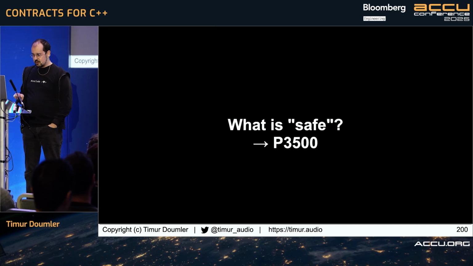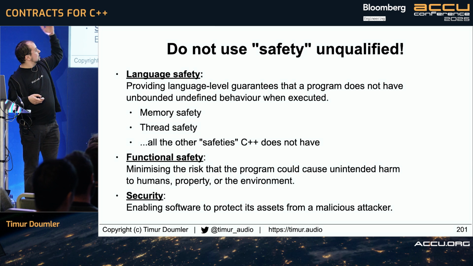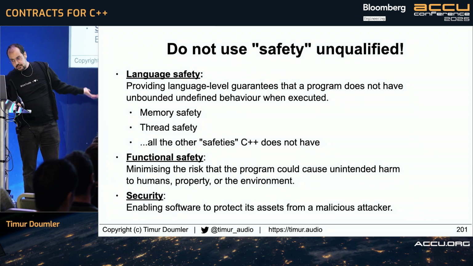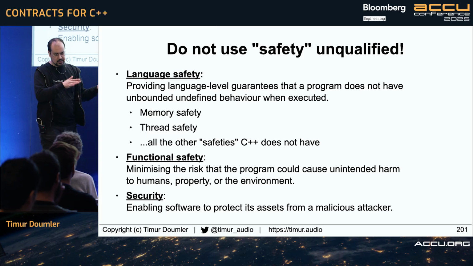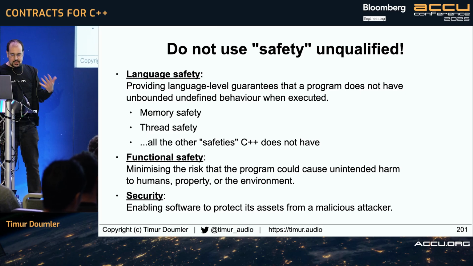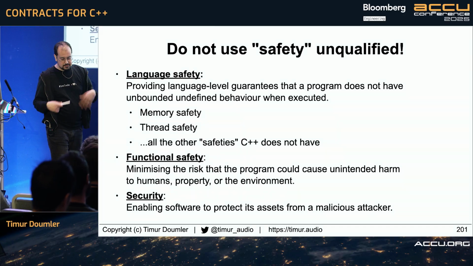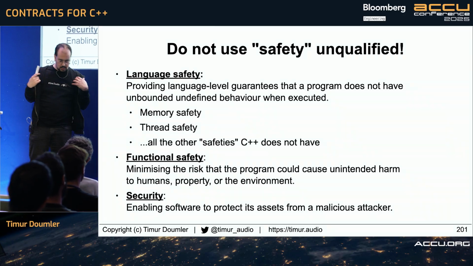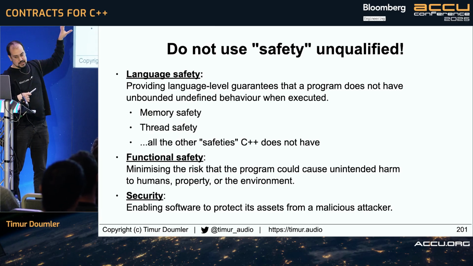There are very, very different concepts that have almost nothing to do with each other, which are language safety, functional safety, and security. They're very different things. So language safety is the thing that C++ people the last couple of years meant when they said safe, which is basically the code does not have unbounded UB when you execute it. And all of these other safeties like memory safety, thread safety, type safety, initialization safety, that's a subset of this language safety, right?